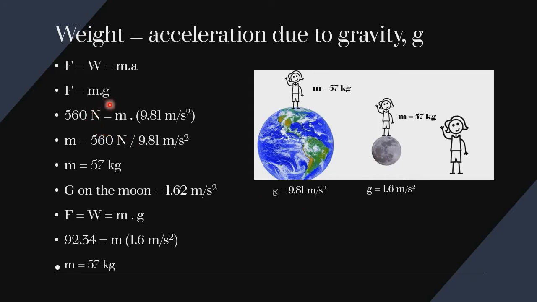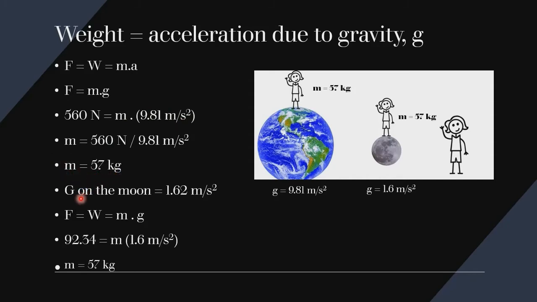For example, the weight of the person is 560 newtons. We can determine the actual mass of that person by the formula force equals mass times gravity. So if we divide 560 by 9.81, we get the mass of that person here on Earth, which is 57 kilograms.